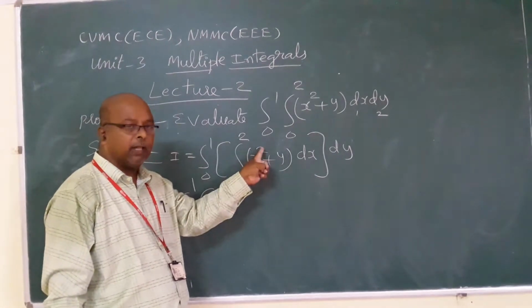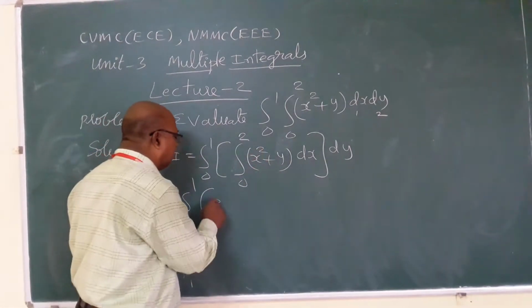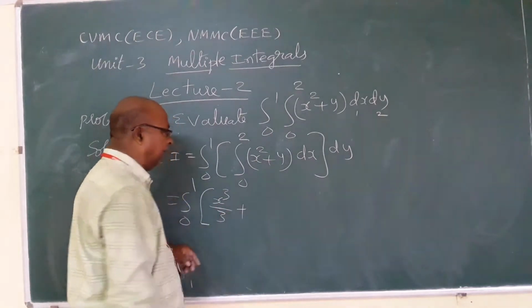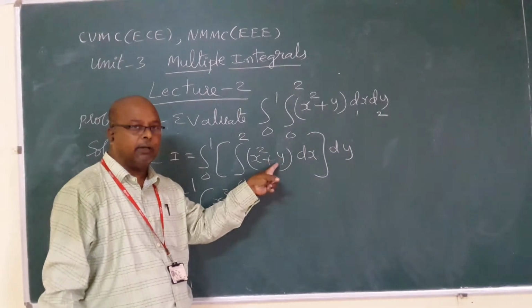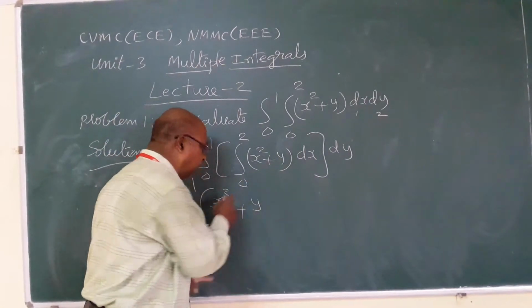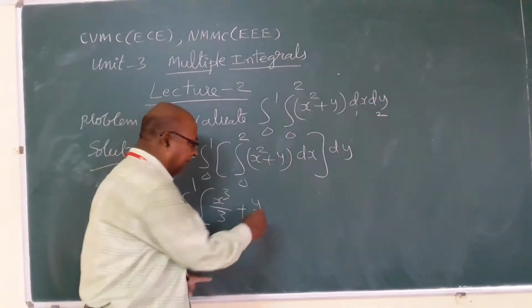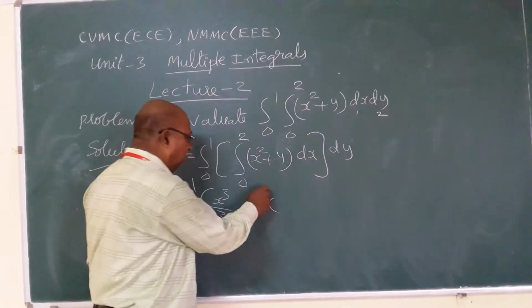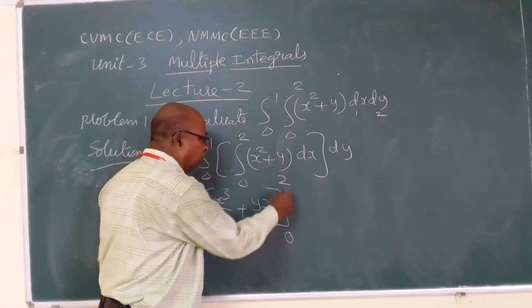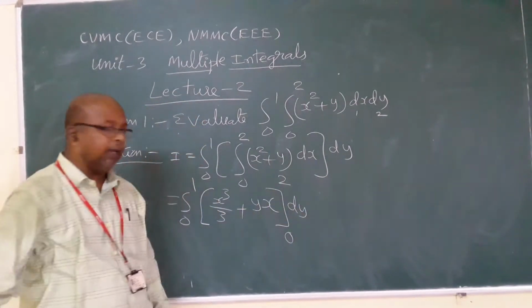So x power 2 plus 1 by 2 plus 1, x cubed by 3. Plus y, integrating with respect to x, y is constant, leave as it is, y into the integral of dx is x. Write limits 0 to 2, write dy.